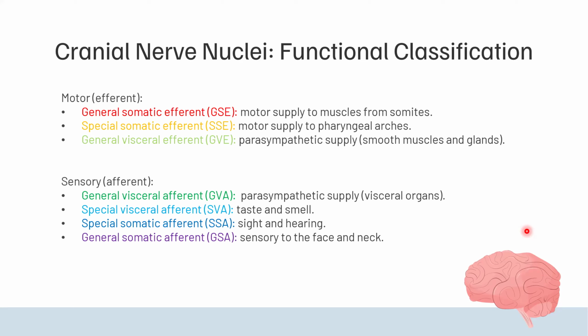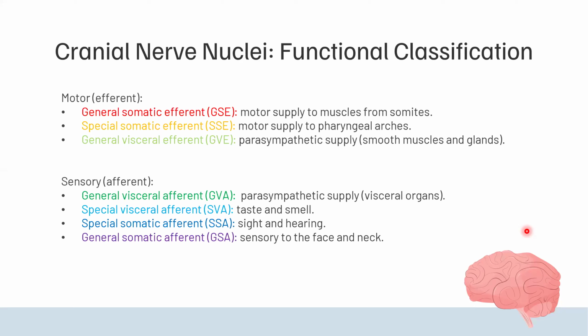So anything that is special somatic is for pharyngeal arches. Anything that is general is a continuation of the spinal cord, where we're going to have a general somatic efferent, general visceral efferent, and then a general visceral afferent, general somatic afferent.